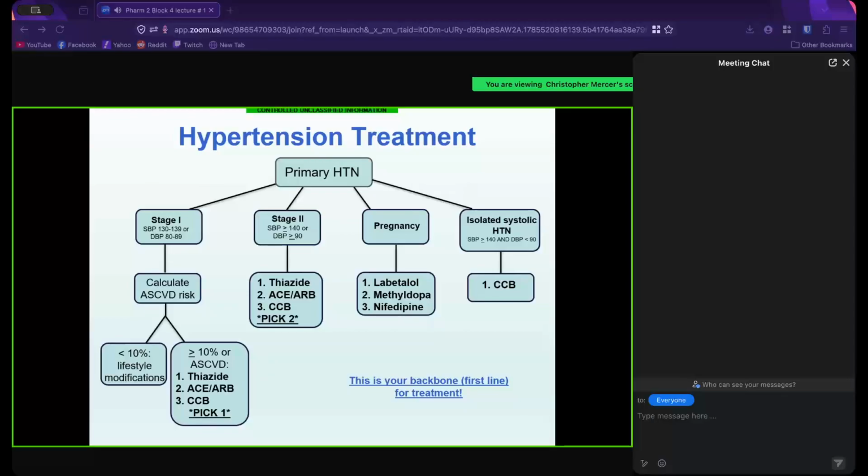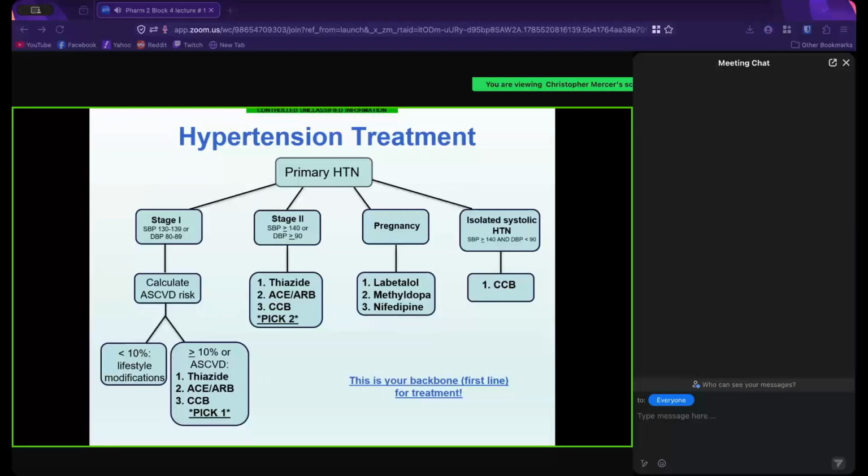And guess what? I told you at the beginning, and we've talked about it in every Pharm lecture, I'm going to give you the diagnosis. We're going to say they have hypertension and a number. And if they're already on a medication, because as you've probably already picked up on, a lot of Pharm is what's next. Okay, your patient had stage 1, but now his numbers are telling me stage 2.